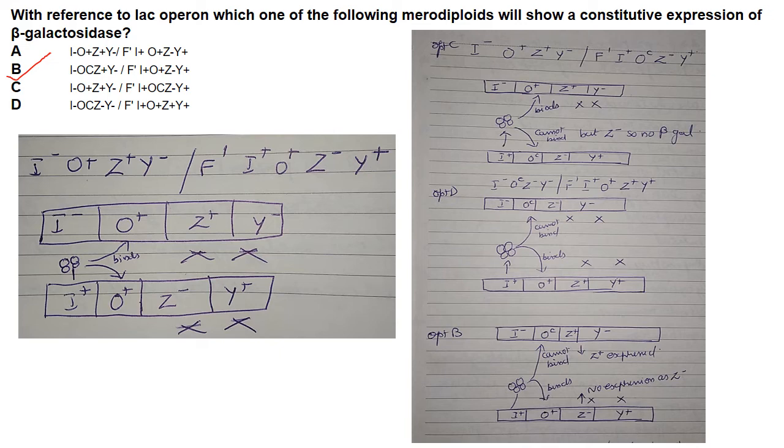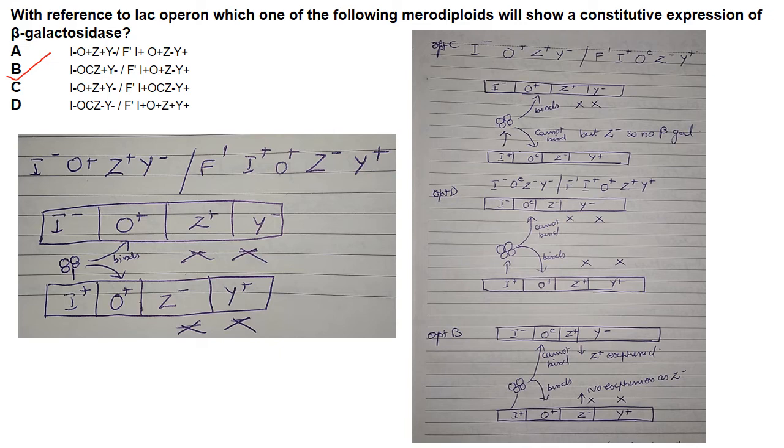But in the F prime form, that is I plus, repressor is produced and it can bind to the operator of this half as well as to the F prime half. And it will not result in the transcription and translation of the structural gene. So beta-galactosidase will not be produced.